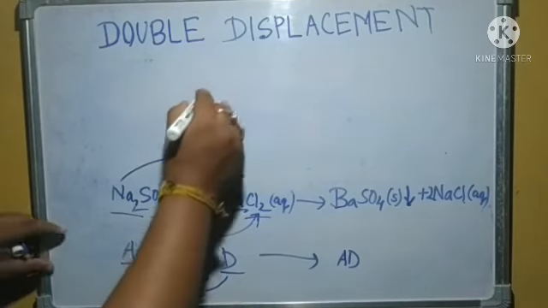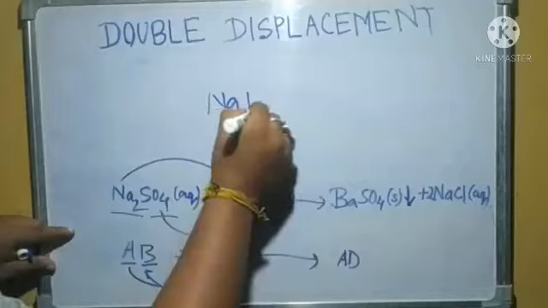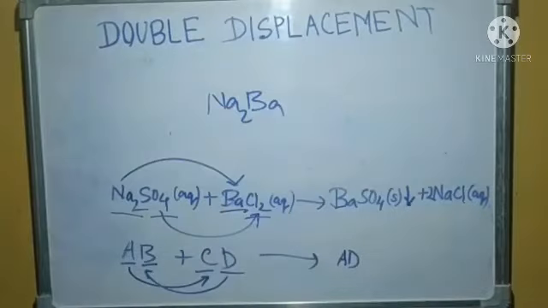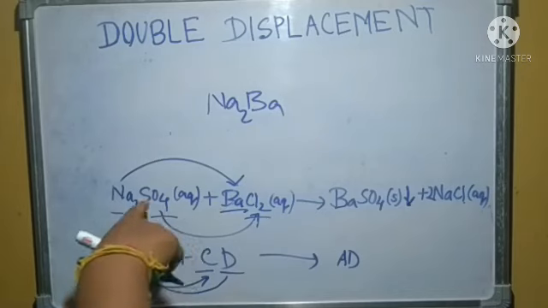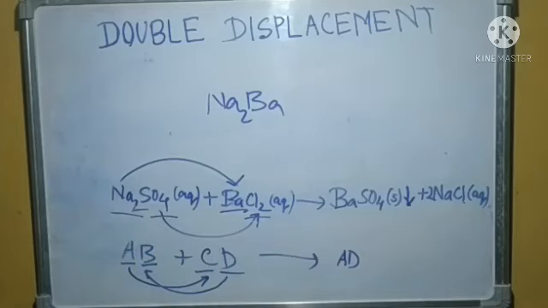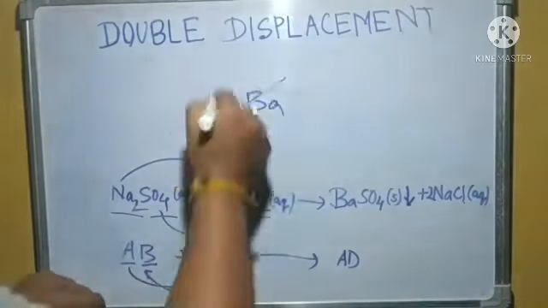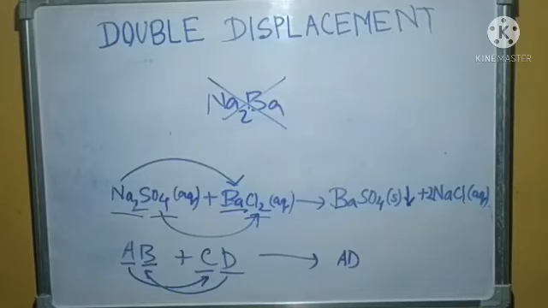So in this case you will never see Na2Ba, because sodium and barium are both metals. You will see that a metal is displacing a metal, and the non-metallic part is displacing the non-metallic part. So this type of compound you will not see during a double displacement reaction.